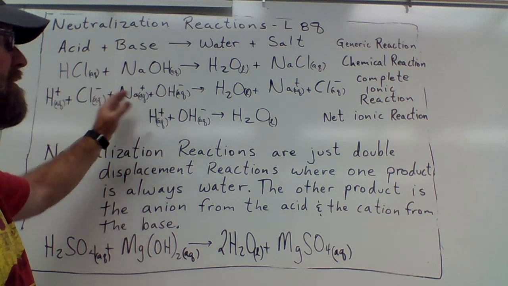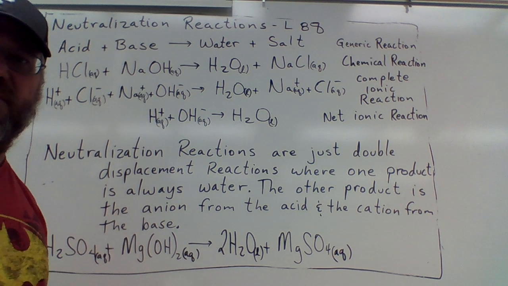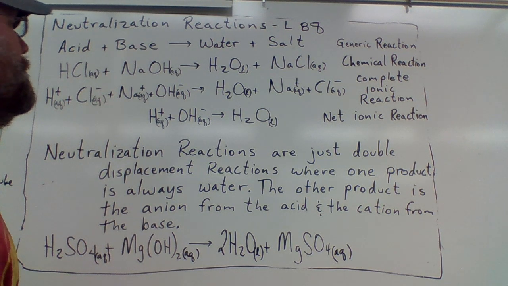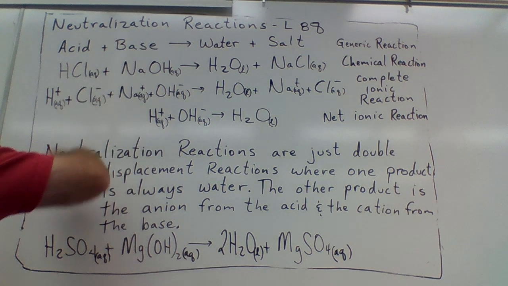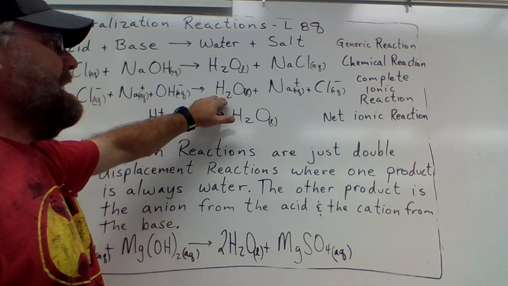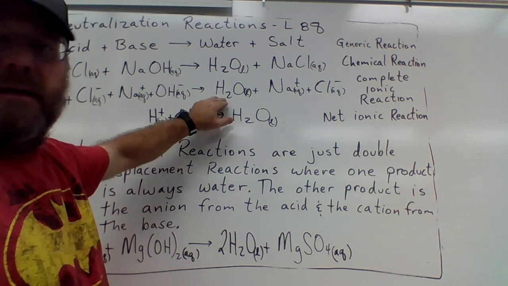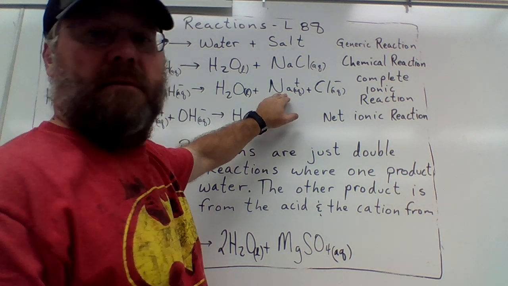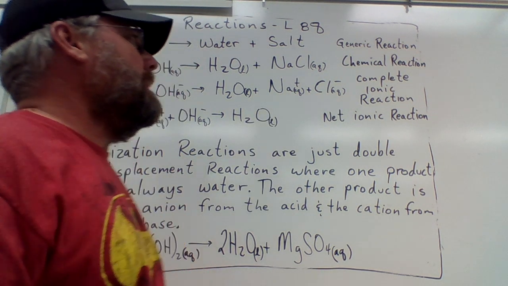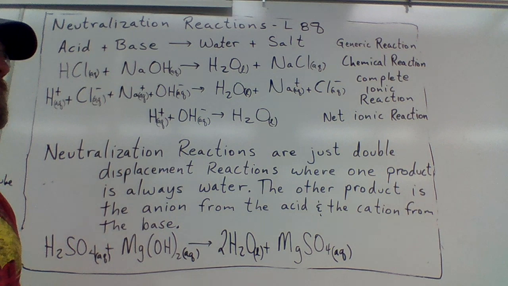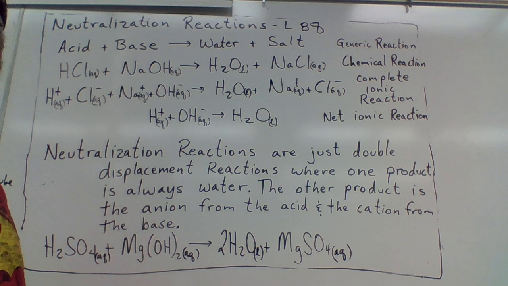Again, both aqueous, telling us they're just floating around in some water. Well, we just swap our H to our OH, our Na to our Cl, and what we get is water in liquid form plus sodium ion, aqueous, and chloride ion, aqueous. That would be our complete ionic reaction.